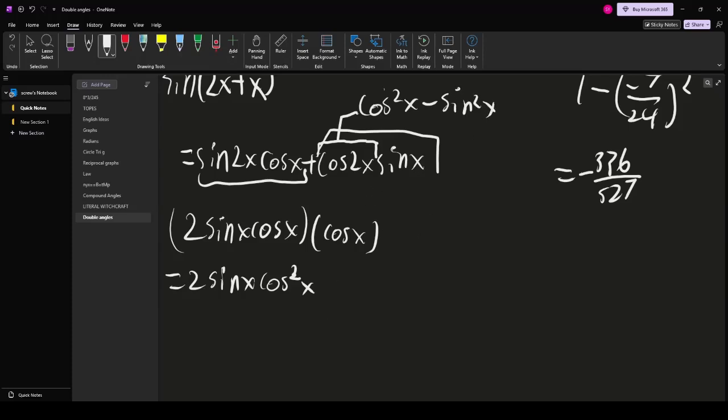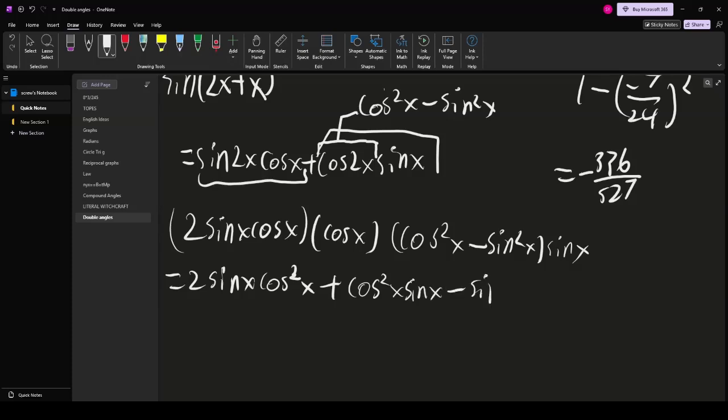Right, so now you just do the distribution. Distribute sine x to open up these brackets. So now you get cos squared x sine x minus sine cubed x, right?